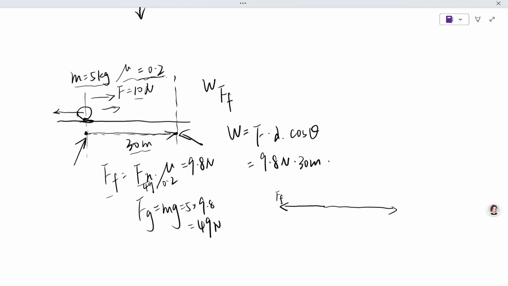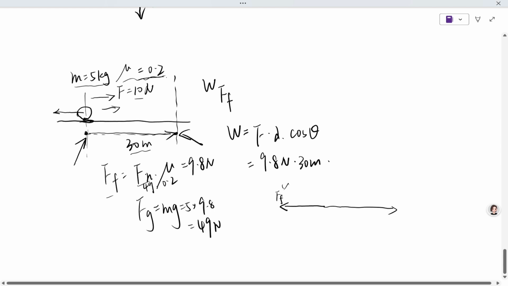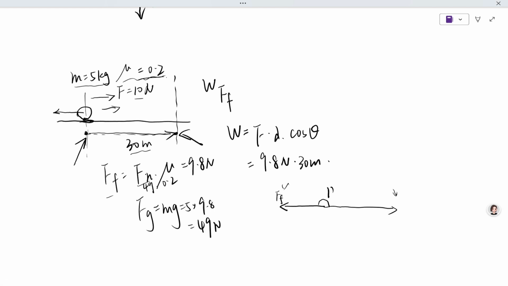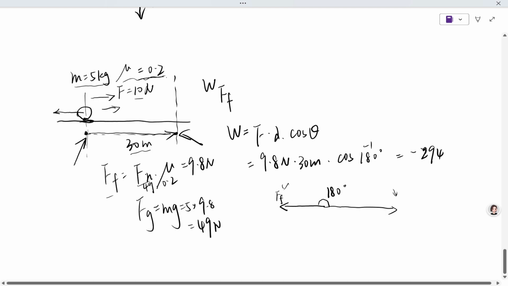It's pointing straight right. The friction is pointing straight left, and the direction of motion pointing straight right, which means the angle between them is 180 degrees, which we can write down as cosine 180 degrees over here. If you plug in your calculator, cosine 180 degrees will be -1, which we can get -294 joules. So it can be negative.